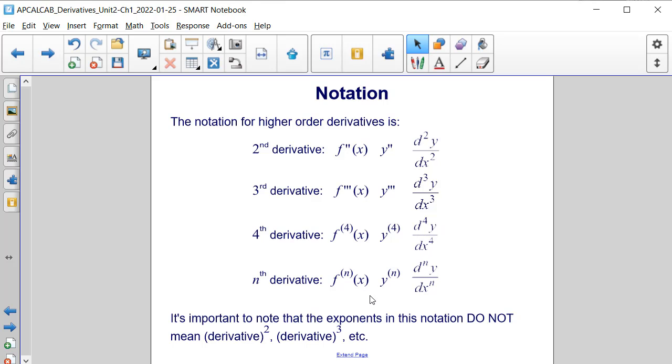Same with the nth derivative, we're finding the nth derivative of f of x, the nth derivative of y, or the nth derivative of y with respect to x. And it's important to note that the exponents in this notation do not mean the derivative squared or the derivative cubed, etc. They are just used to tell you which derivative you are finding.